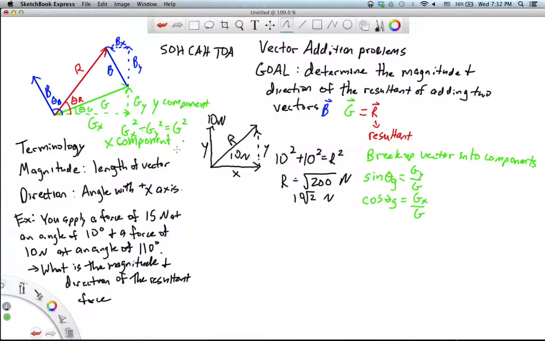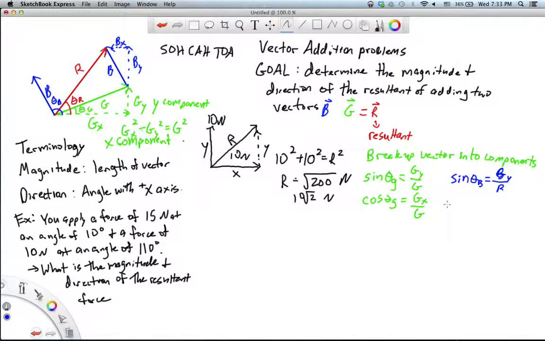And I can do the same thing for the blue vector. I want to break the blue vector up into its components because I can only add the two vectors by components. I have to add the y components together and the x components together to find the resultant x and y components. So that should be a b, not a g.